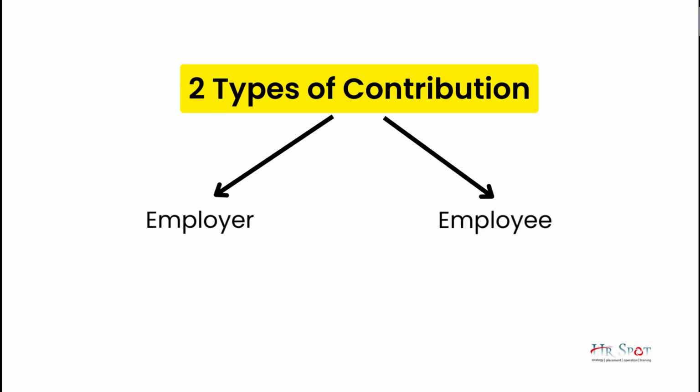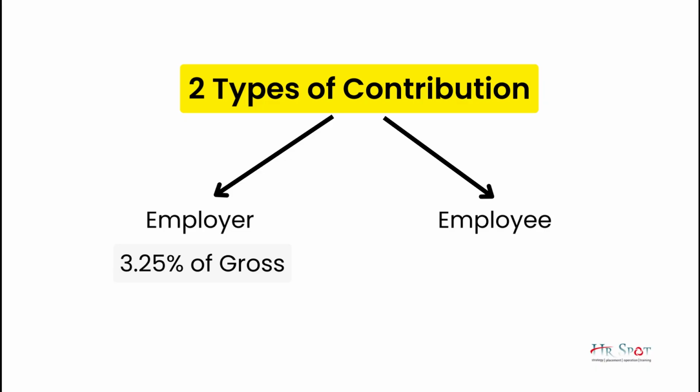In ESI also there are two different parts, employer contribution and employee contribution. The percentage of employer contribution is 3.25% of the gross salary. So if my gross salary is 1 lakh, for example, then my employer contribution in the CTC structure will be 3.25% of 1 lakh, that is 3,250. So this amount will be included in the CTC.